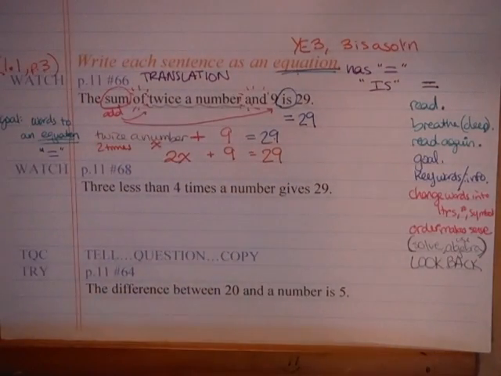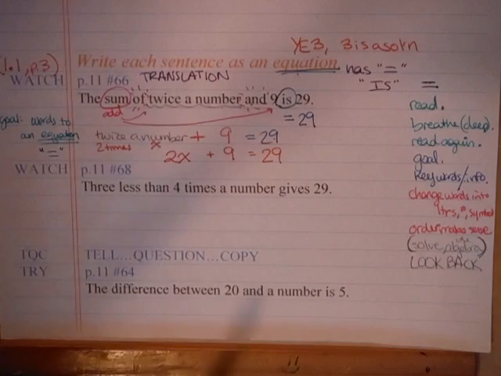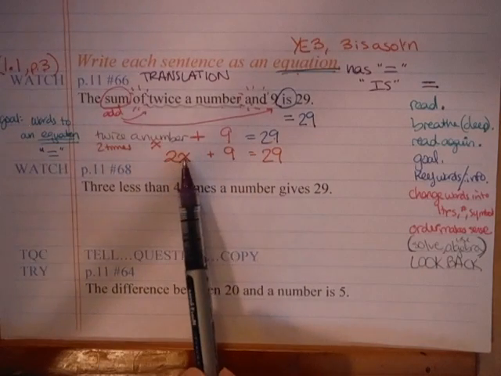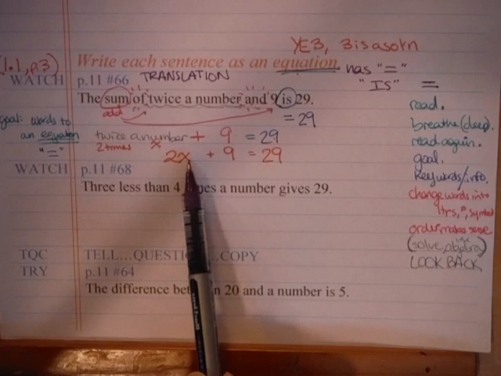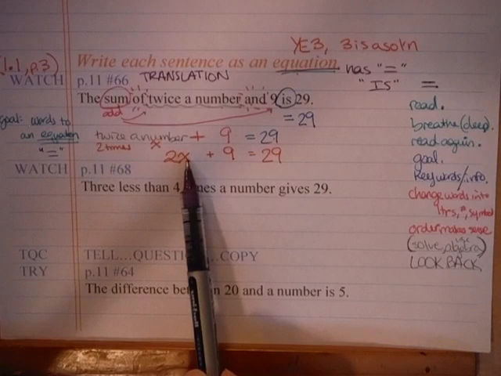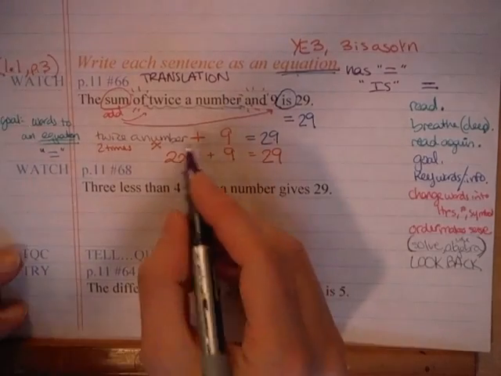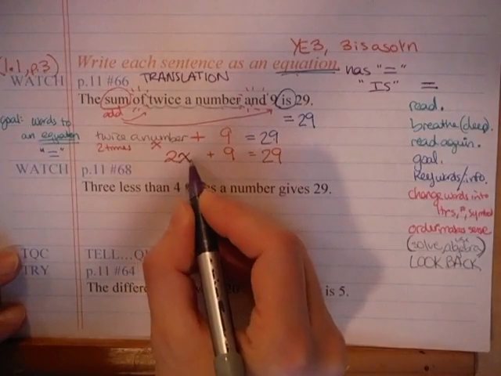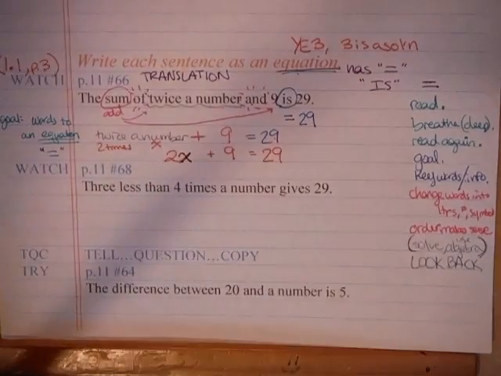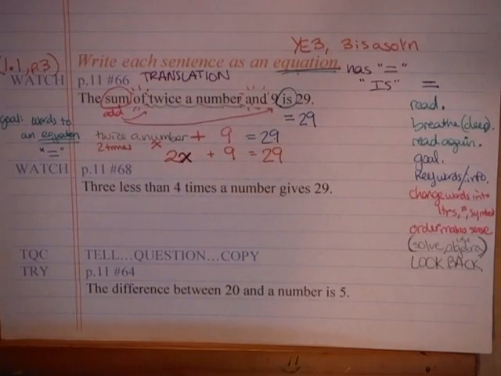Just a thought, and you'll hear me talk about this a couple different times as we go through, but you want to be very clear in your handwriting differences between the multiplication sign and a letter x. Notice I add just a little bit of curve to the x to make it really stand out as a letter. I do the same thing to my y's so they don't look like 4s.